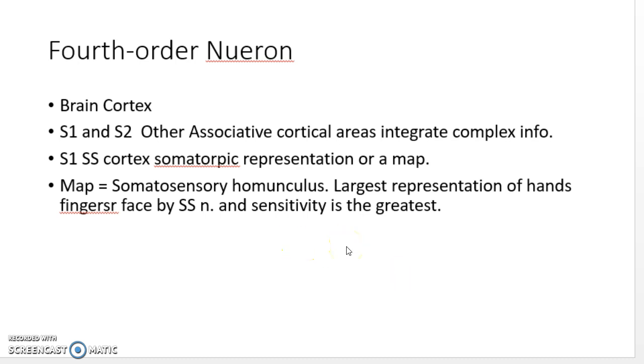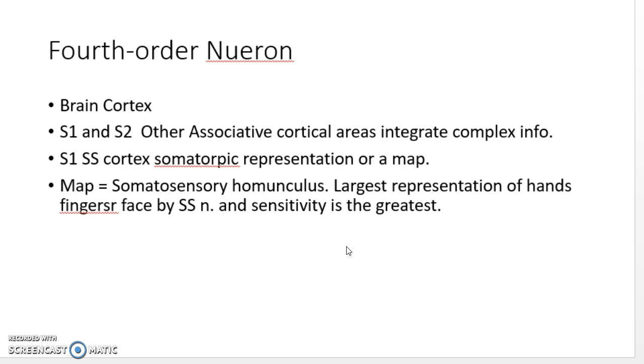And in the dorsal column pathway, they integrate complex information and form a somatosensory homunculus, which is a map of the body, and these areas are representative of the body, hands, fingers, and the face.